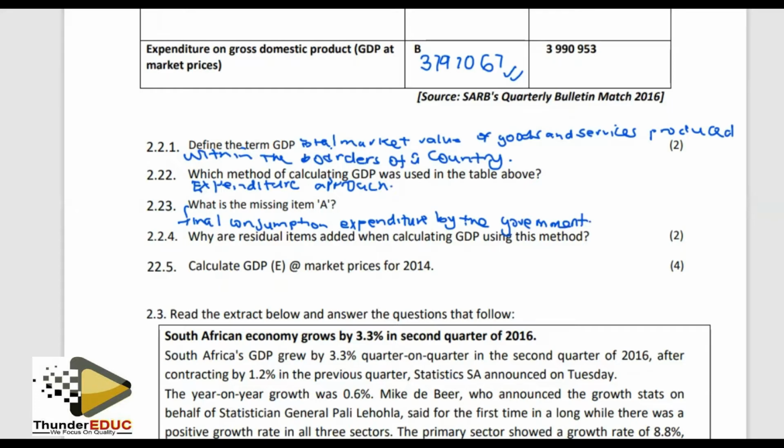So we are asked to calculate GDP at market price in 2014. This is what they wanted.